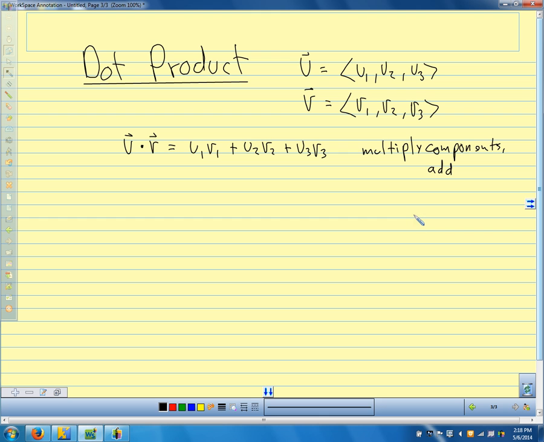And we also said that another way that we could find the dot product is that u dot v is the magnitude of u times the magnitude of v times the cosine of the angle between them.